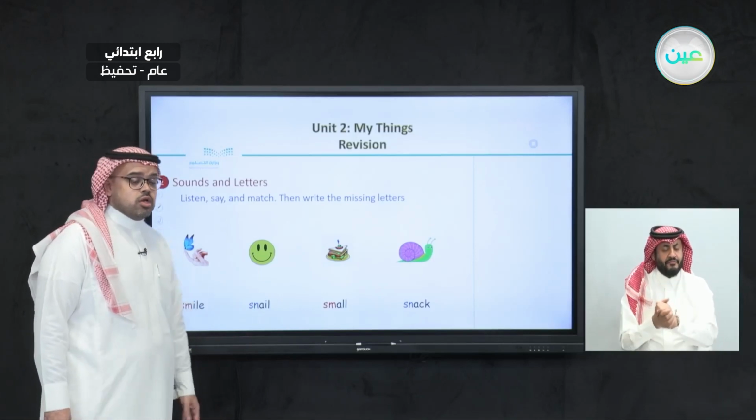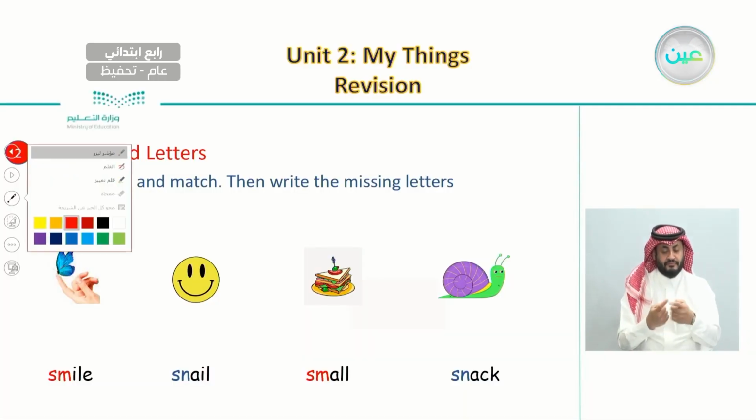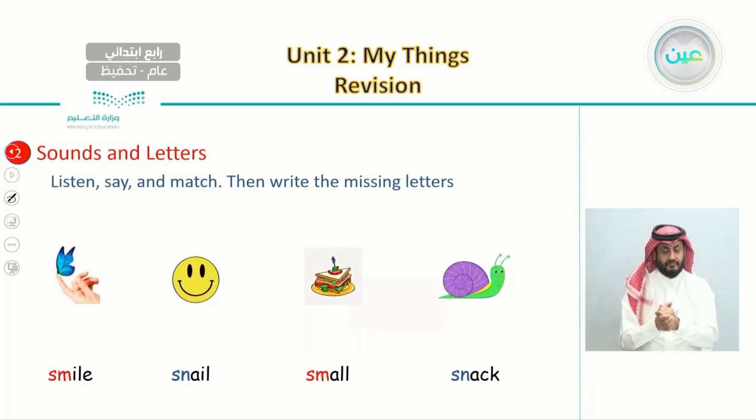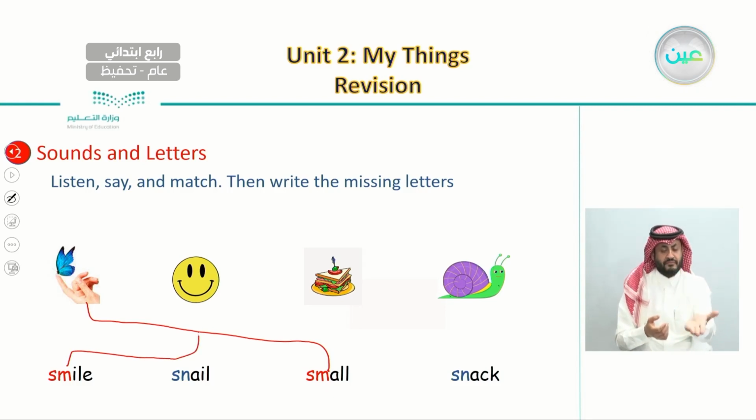So after listening to these words, now it is our part to try to match them with the pictures. So what we did last time, we matched each of these pictures with the word. So here we have the first one, as it's already written or answered in your books, small as in small butterfly. Now the next word we have is smile. And what we said the meaning of smile is, if someone is happy, then he is smiling.